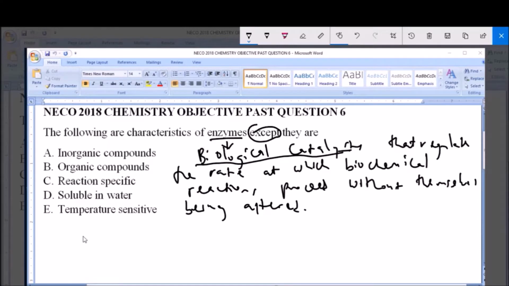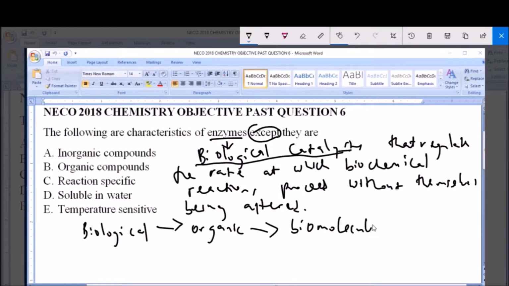So, by virtue of them being biological, it means that they are organic, or what is known as biomolecules. Hence they are not inorganic in nature. So option A, inorganic compounds, is not a characteristic of enzymes, as enzymes are all organic in nature.